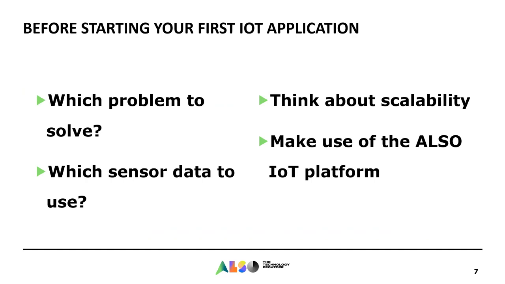And then you don't need to think about, oh man, we forgot that. So we have to take hours of development to add an extra sensor. So think about scalability.